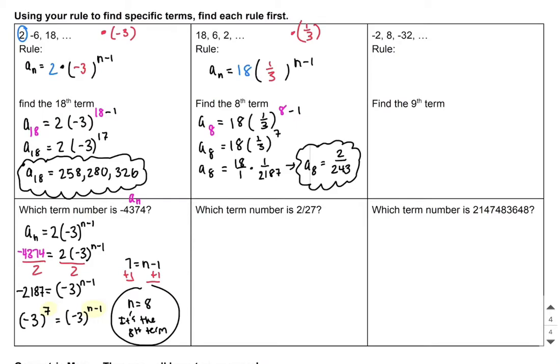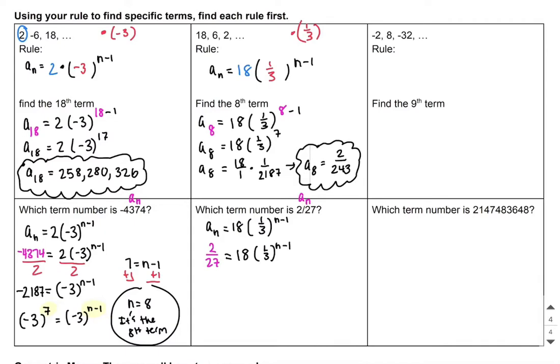And then I want to know which term is the number 2 over 27. So this is my a sub n that was given to me. I have the formula a sub n is equal to 18 times 1/3 to the n minus 1 power. I am plugging in 2 over 27. And then I want to solve for what n is.